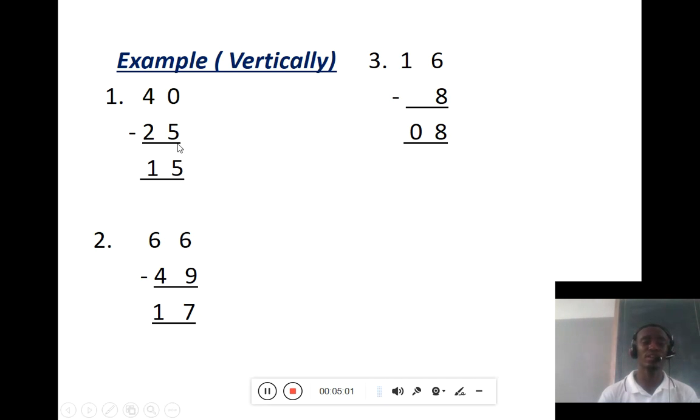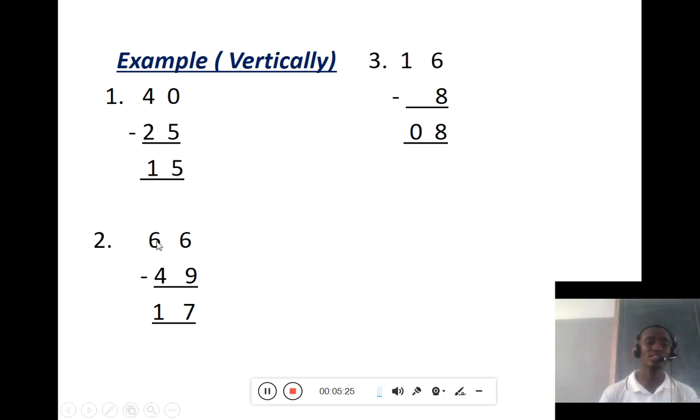So you write 5 here. Here we borrowed 1, it means we are remaining with 3. Now you have to draw 3 balls, then cut 2 balls. Yes, I think the answer is 1, so you are remaining with 1.